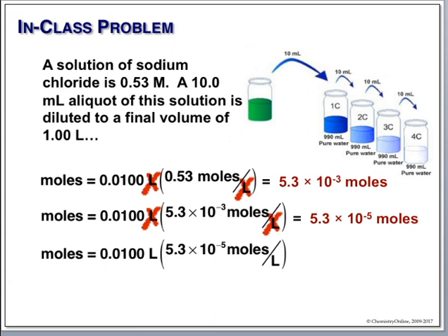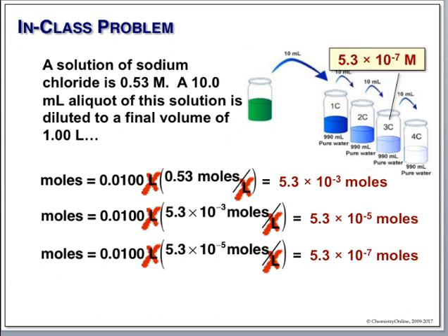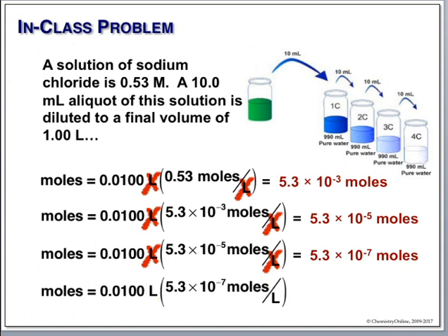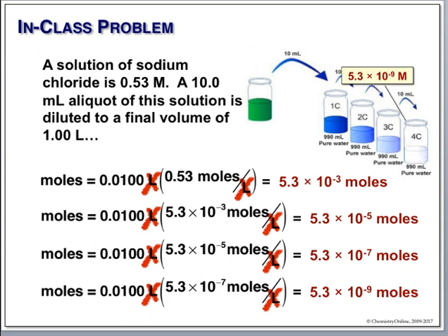And finally, for our last solution, our starting concentration is 10 to the minus 7, cut it by 100, this is 10 to the minus 9. So that's our concentration at the end. After 4 simple dilutions, we've gone from roughly half molar to 10 to the minus 9 molar.